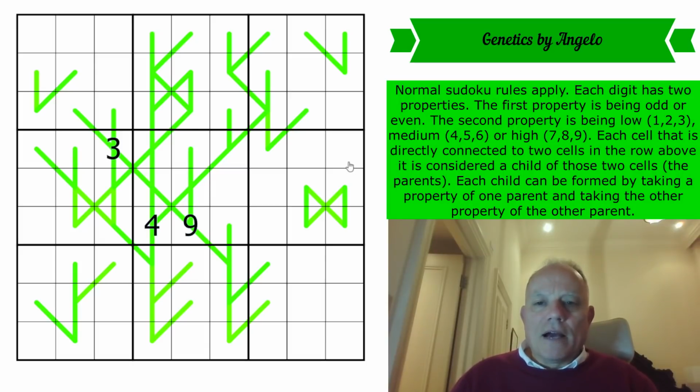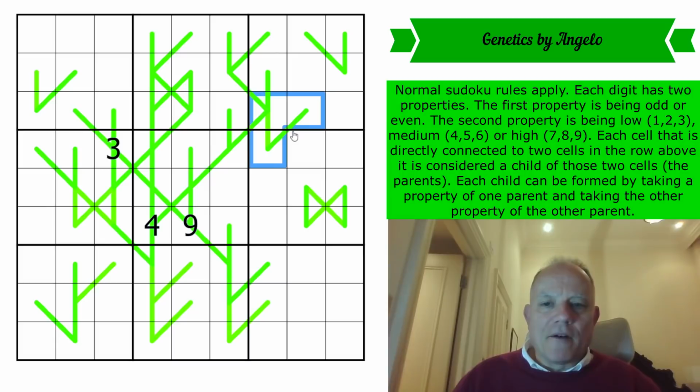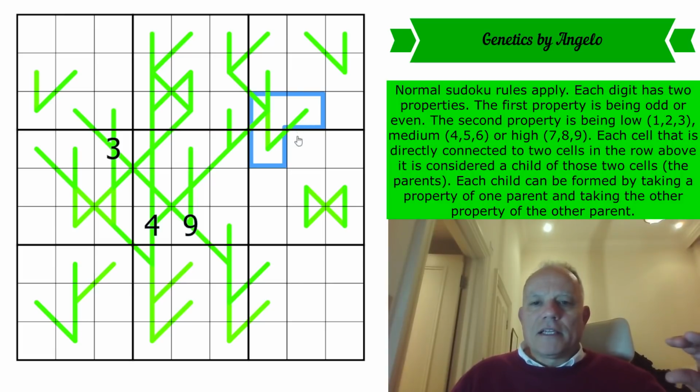Fair enough. Now each cell that is directly connected to 2 cells in the row above it is considered a child of those 2 cells, which are the parents. And each child can be formed by taking a property of one parent and taking the other property of the other parent, bearing in mind that the 2 properties are height and parity.